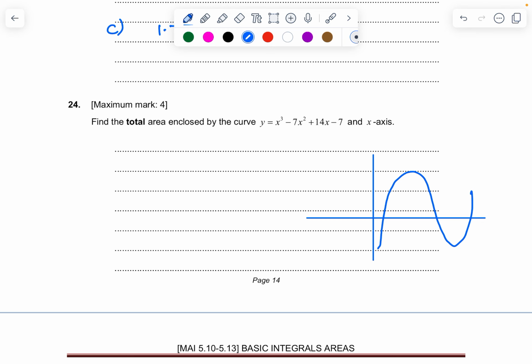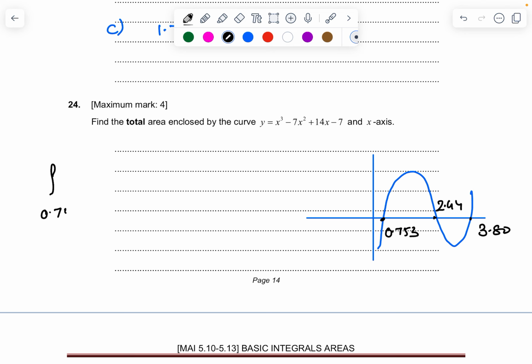Roots, when I find them, this root is going to be 0.753, and the next root is going to be 2.44, and the next root is going to be 3.80. So what am I going to do?